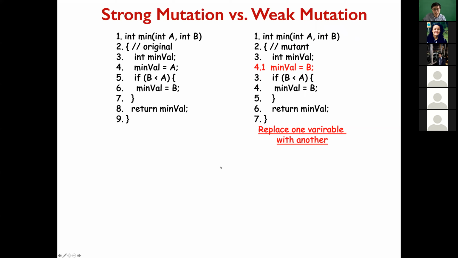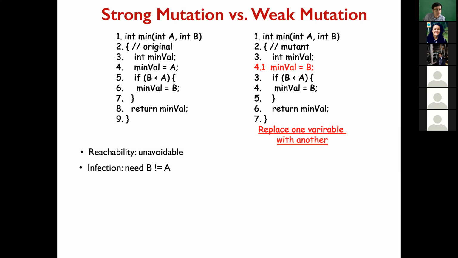So in this example, we look at this mutant. Here we just change the fourth line. We change minValue = A to minValue = B. This is our mutant. Reachability is easy; it's unavoidable. It's reachable.